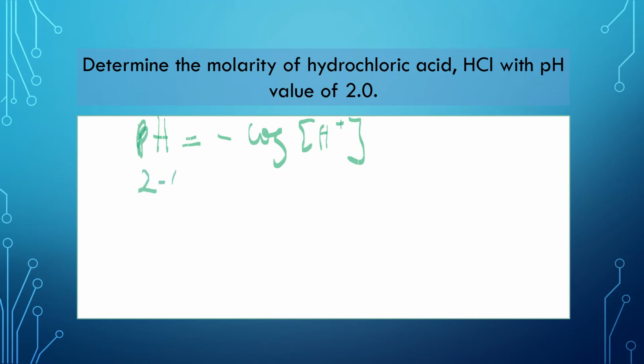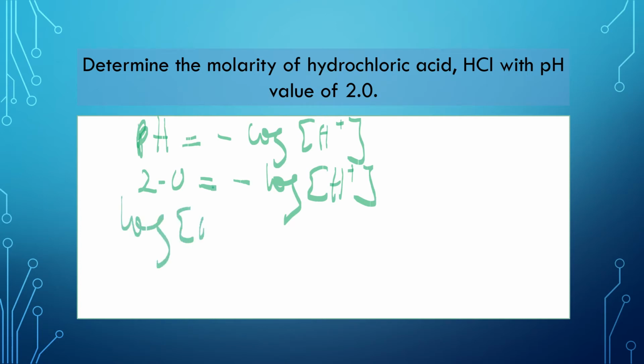Okay, 2.0 equals negative log concentration of hydrogen ion. Okay, so you got log concentration of hydrogen ion equals negative 2.